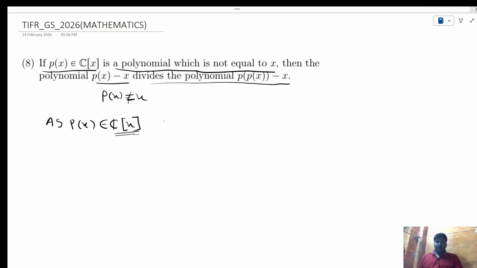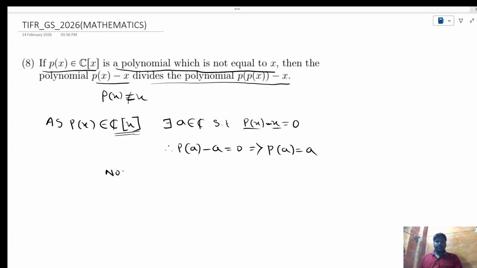So there exists a belonging to C such that p(x) minus x equals 0, because p(x) is a polynomial, x is a polynomial, so their difference is also a polynomial, and there should be a root of this polynomial equation. Therefore p(x) minus x equals 0 has a root, say a. Therefore p(a) minus a equals 0, which implies p(a) equals a.